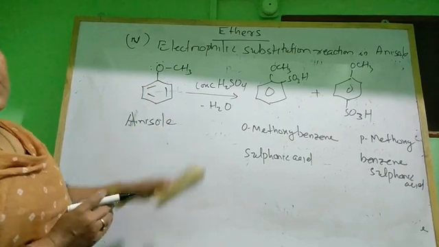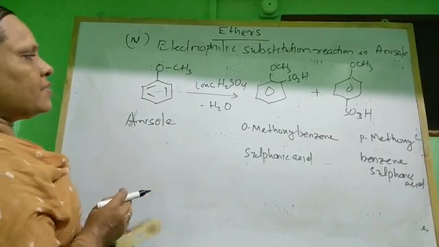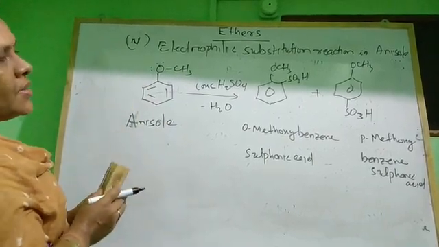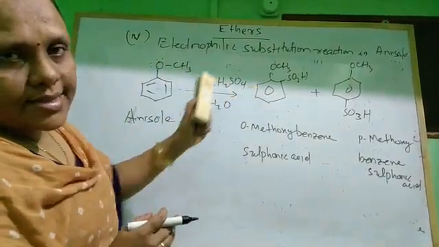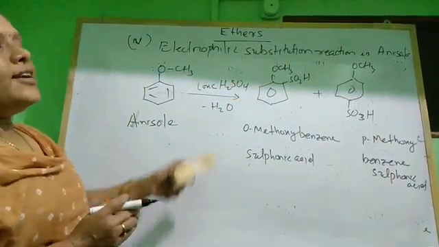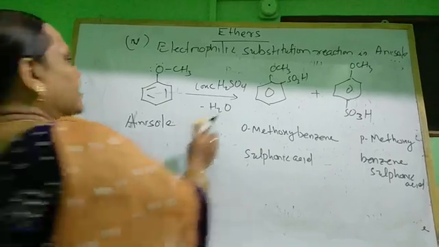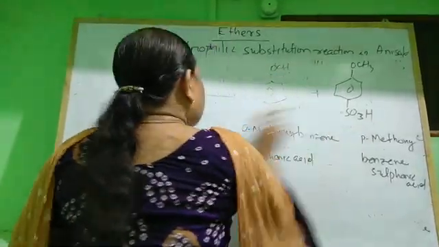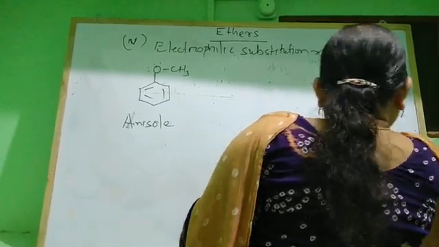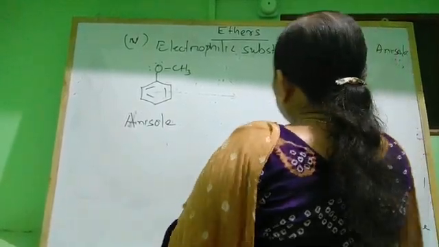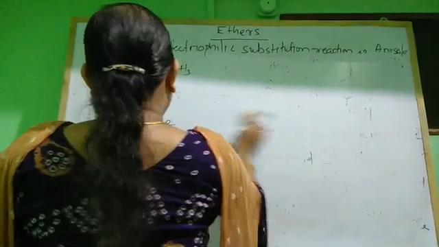Anisole also undergoes Friedel-Crafts reaction. It reacts with methyl chloride in presence of AlCl3 and acetyl chloride in presence of AlCl3. Next come to Friedel-Crafts reaction.